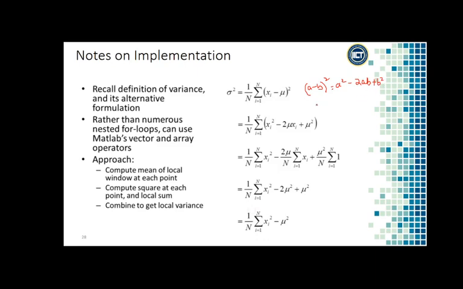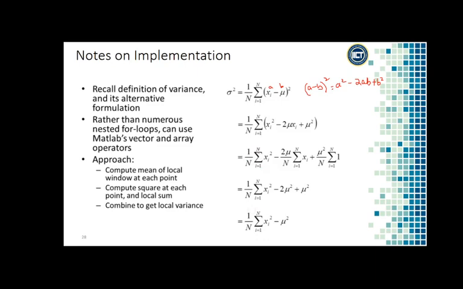So if we expand this, this is of course A and this is B, so this will be xi square minus 2 mu xi plus mu square. Now let's write it in a separate form. So this is 1 upon n, let's decompose it.